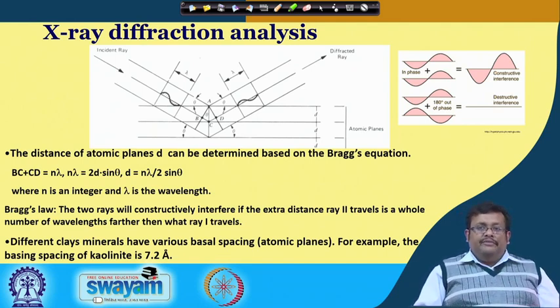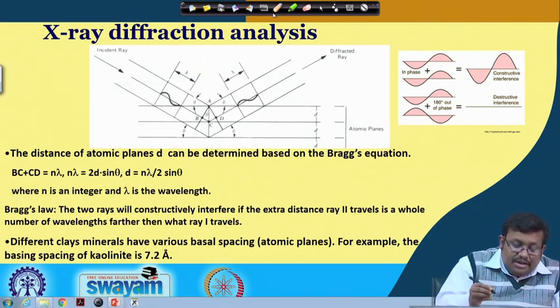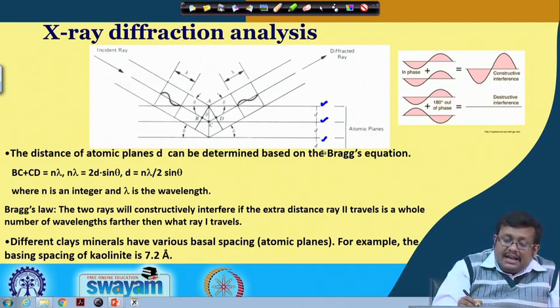So, what is X-ray diffraction? If you can see, these are some parallel atomic planes. Obviously, you know what parallel atomic planes are and what the d-axis spacing is; I have already discussed this.